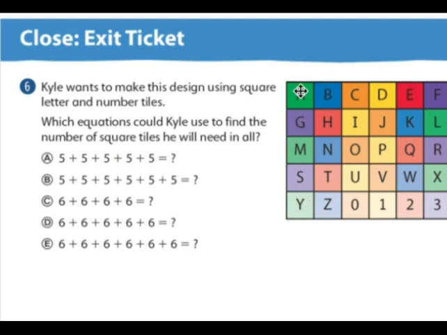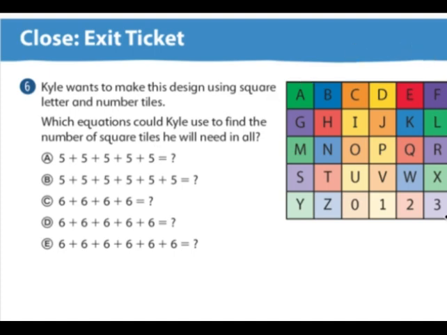Let's check the column. 1, 2, 3, 4, 5 in this column. And there must be 5 in the second column, and 5 in the third, and the fourth, and the fifth, and there are 6 columns. So, 6 groups of 5.